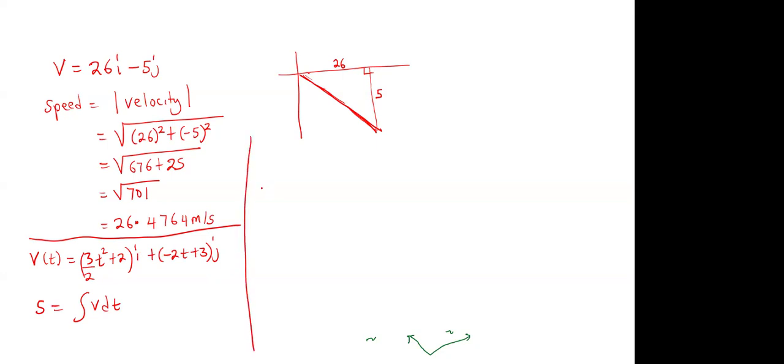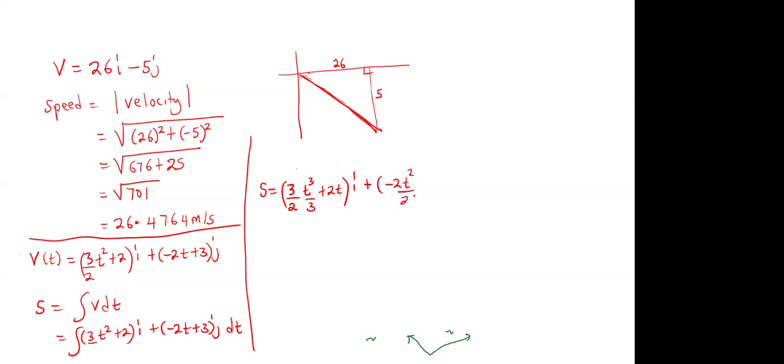So we shall now have our integral. You can in fact first put the integral of 3 out of 2 t squared plus 2 i plus negative 2t plus 3 j with respect to time. So when I integrate, that one is going to be 3 out of 2 t cubed out of 3 plus 2t, this is just the i component, plus negative 2t squared out of 2 plus 3t into the j component, plus the constant of integration.